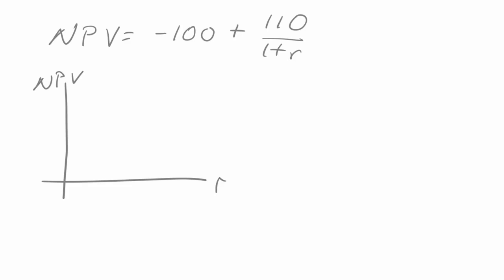So notice that NPV is a decreasing function in R. If R were to equal 0, which would be a rather low R, we would know that the NPV would equal 10. Then it's decreasing. It's not linear, actually. It crosses 0 at the IRR, which in this case is equal to 0.10.